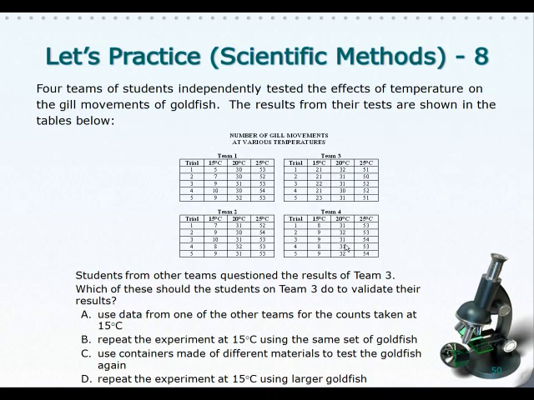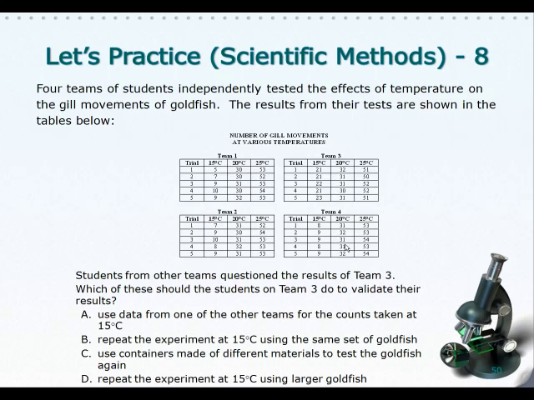A. Use data from one of the other teams for the counts taken at 15 degrees Celsius. B. Repeat the experiment at 15 degrees Celsius using the same set of goldfish. C. Use containers made of different materials to test the goldfish again. D. Repeat the experiment at 15 degrees using larger goldfish.